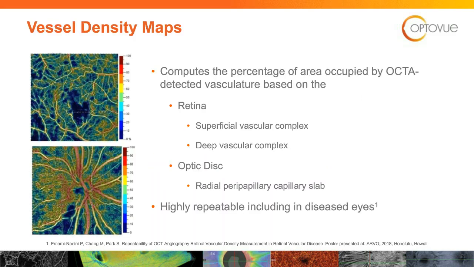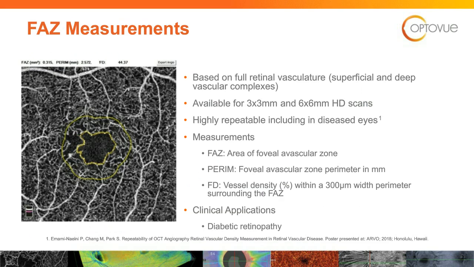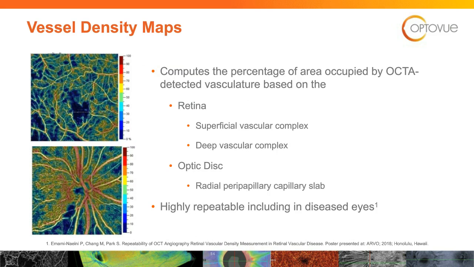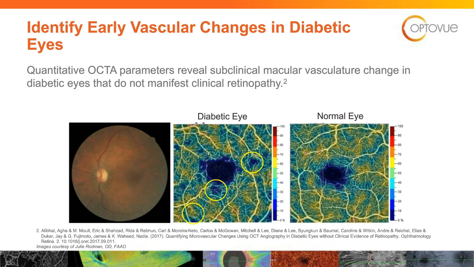And you're going to see at the top of your image, there's your numbers, the F.A.Z area, the F.A.Z perimeter, and the foveal vessel density in the center part. Within that circle that you're seeing right there, that's the last number. So those are your three numbers that you are going to get when you look at that drop-down area.